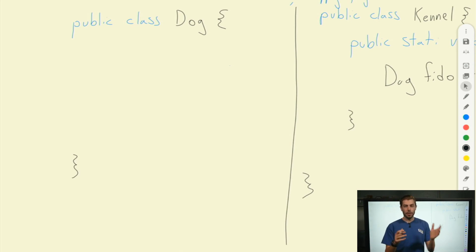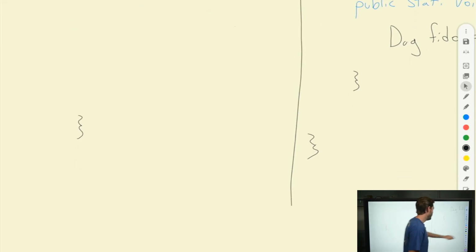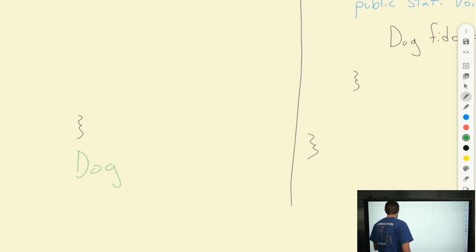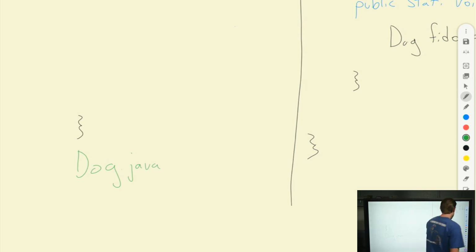Now, we're not going to write multiple classes per file. That's generally not a good practice. So we're only going to write one class per file. So this is going to be Dog.java, and this class is going to be Kennel.java.